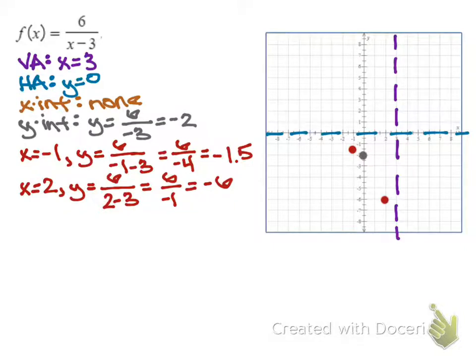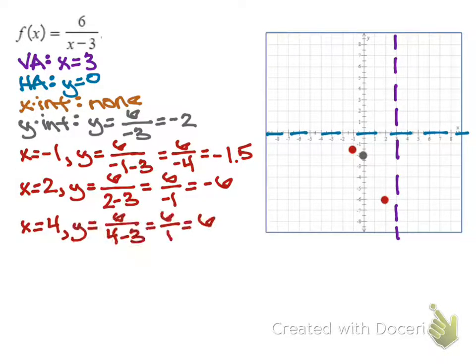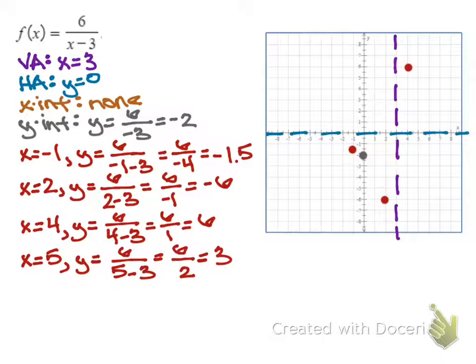Then we need a couple of points on the right-hand side of that vertical asymptote. So let's start by checking x equals 4. When x equals 4, y equals 6. And then let's go ahead and see what happens when x equals 5. When x equals 5, y is 3.